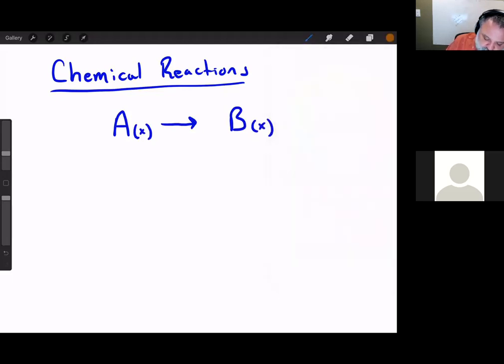And what I'm going to do first is diagram it. I'm going to use hypothetical reactants and products.